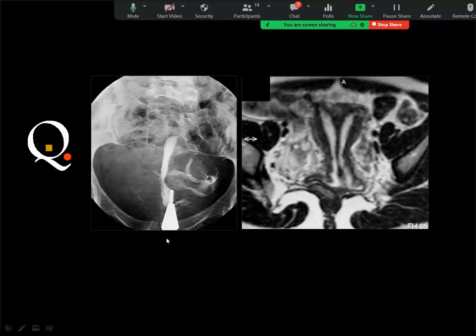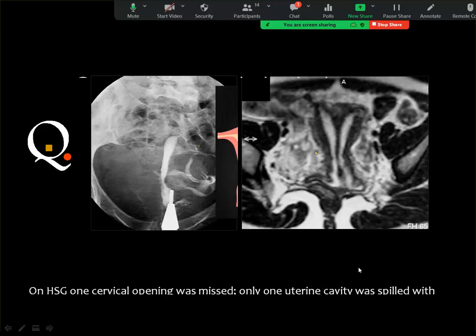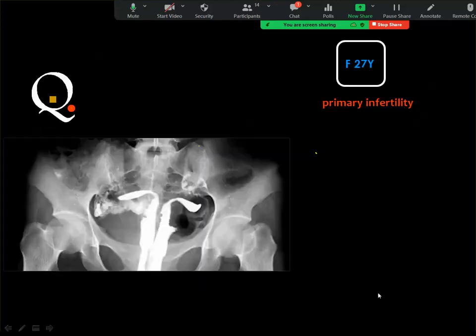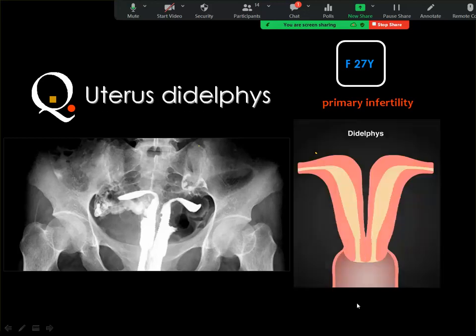So you may diagnose this as unicornuate uterus, but actually these malformations are better evaluated by MRI. This happened to me once, and I could see two cervical openings, and I put a catheter here and there. Then I opacified both uterine cornua, and you got the diagnosis of uterus didelphys.